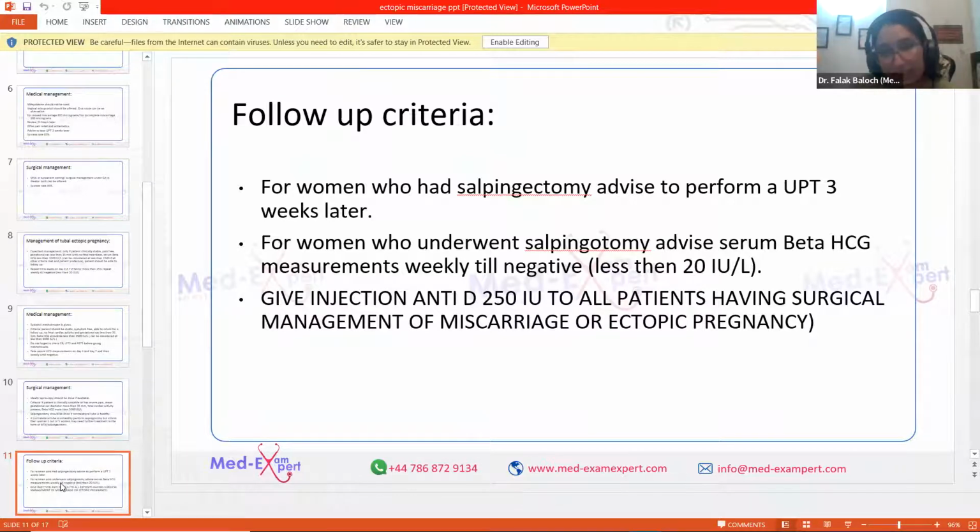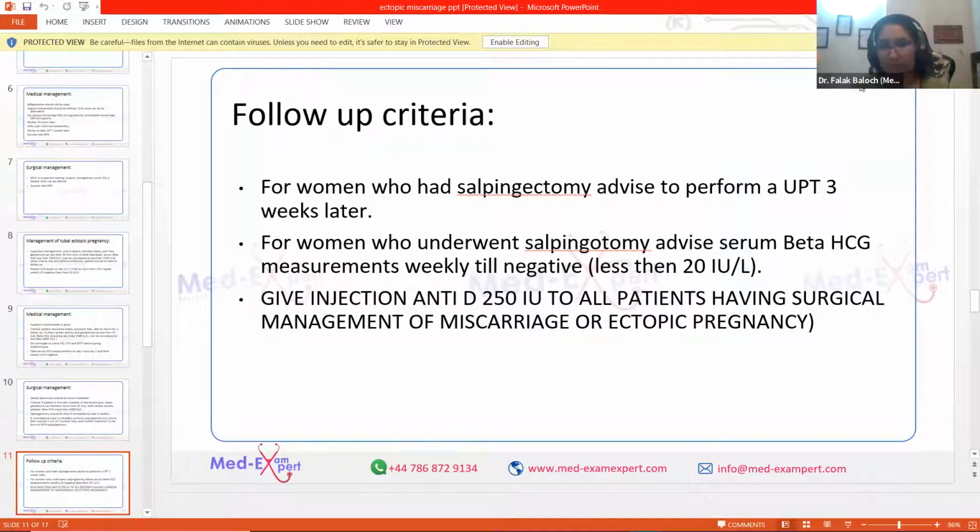Do not forget giving injection anti-D to all patients who have surgical management of miscarriage or an ectopic pregnancy. This is very important. We give 250 international units intramuscular within 72 hours, preferably, or if not within 72 hours, then at least within 10 days.